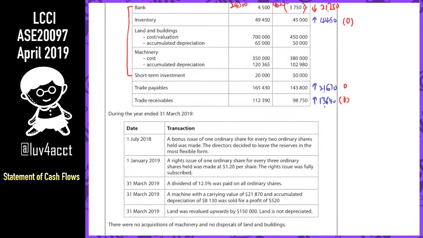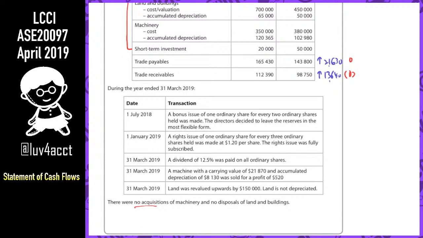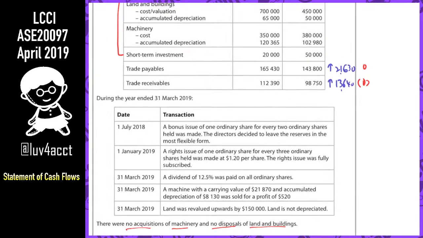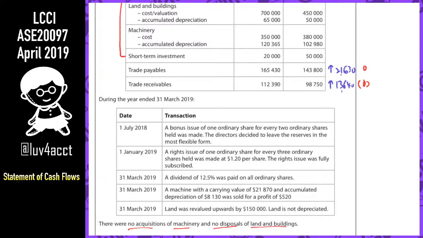Okay, now we go to the next part. There were no acquisitions of machinery and no disposals of land and buildings. Then we go to the non-current assets part first.